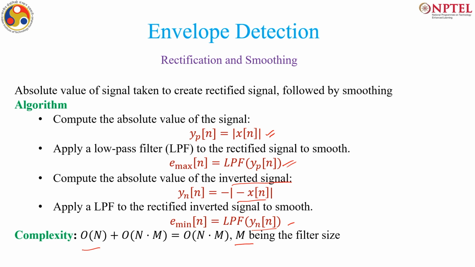In this case, O of n times m will be the cost of the filtering operation, and the remaining two are exactly the same kind of operations, so it will also be O of n plus O of n times m. Out of these, the costliest operation is the low pass filtering operation. So we can conclude that the complexity is order of n times m.